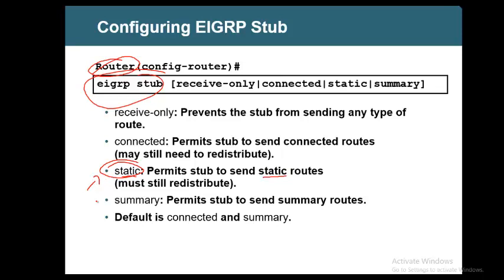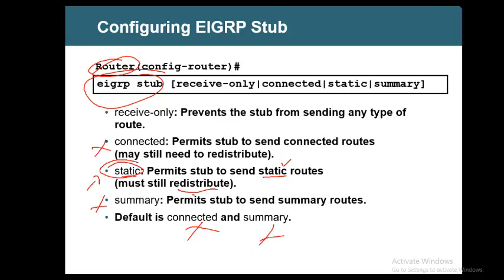When we say EIGRP stub static, that router will advertise only the redistributed network, only the static route which is redistributed. It will not advertise connected, it will not advertise summary.